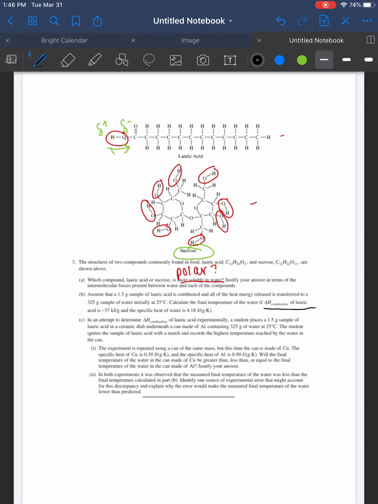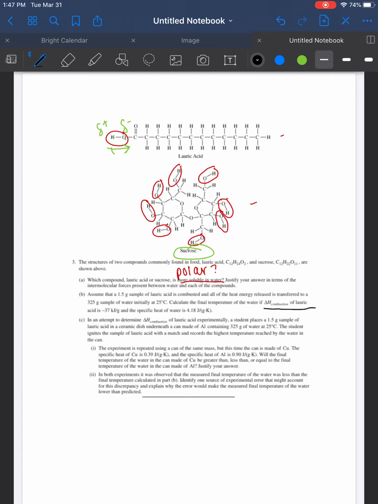So let's go on to part C. It says, in an attempt to determine the delta H of combustion of lauric acid experimentally, a student places a 1.5 gram sample of lauric acid in a ceramic dish underneath a can of aluminum containing 325 grams of water at 25 degrees Celsius.